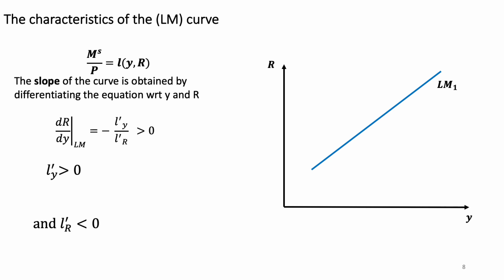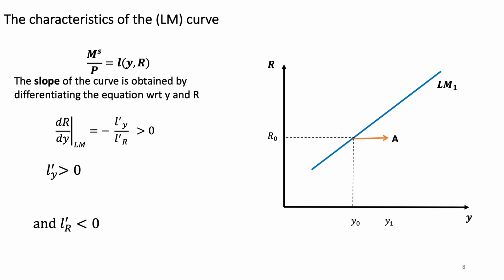Let's look first at LM1. Suppose that we start from a point of equilibrium, and then the income y increases, which brings us to point A. This increase will result in an increase in the money demand for transaction motives.